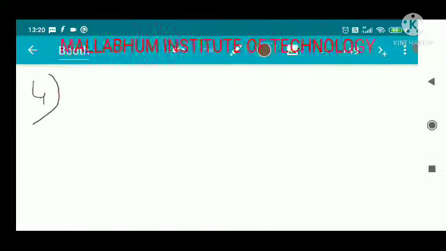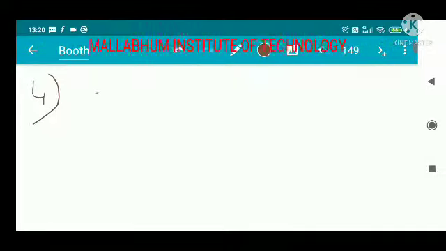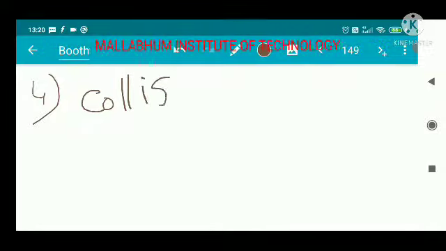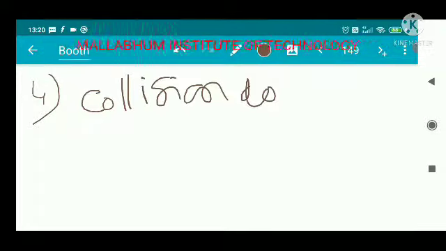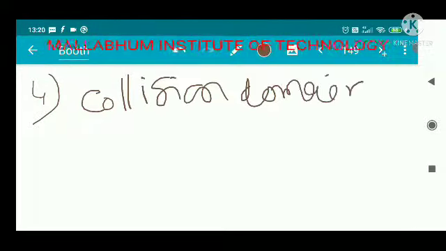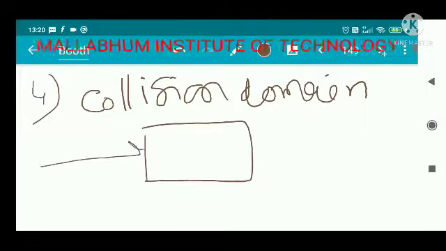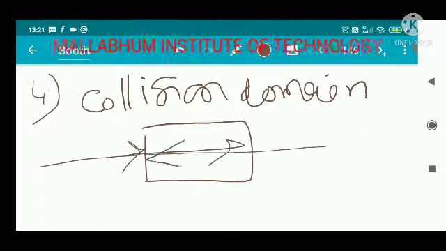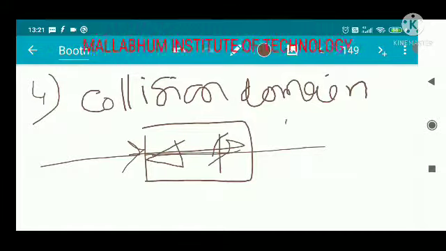And coming to the fourth characteristic of the repeater, the collision domain. It is a two-port device, so a signal can transmit in this direction and in that direction, but it has no buffer.